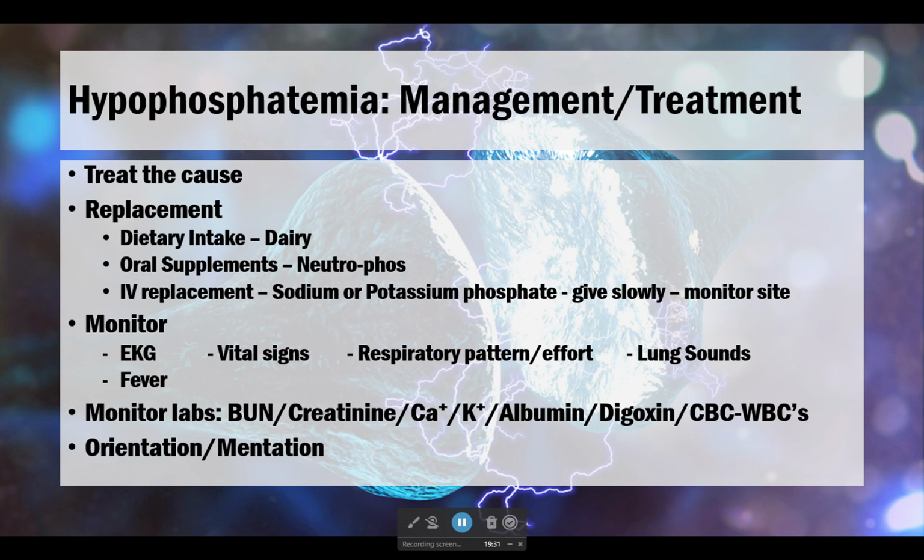You could treat both the hypokalemia and the hypophosphatemia simultaneously. As I've mentioned before, any electrolytes that we give, we're going to give slowly and monitor the site because electrolytes can be vesicants in the bloodstream, particularly with peripheral IVs.